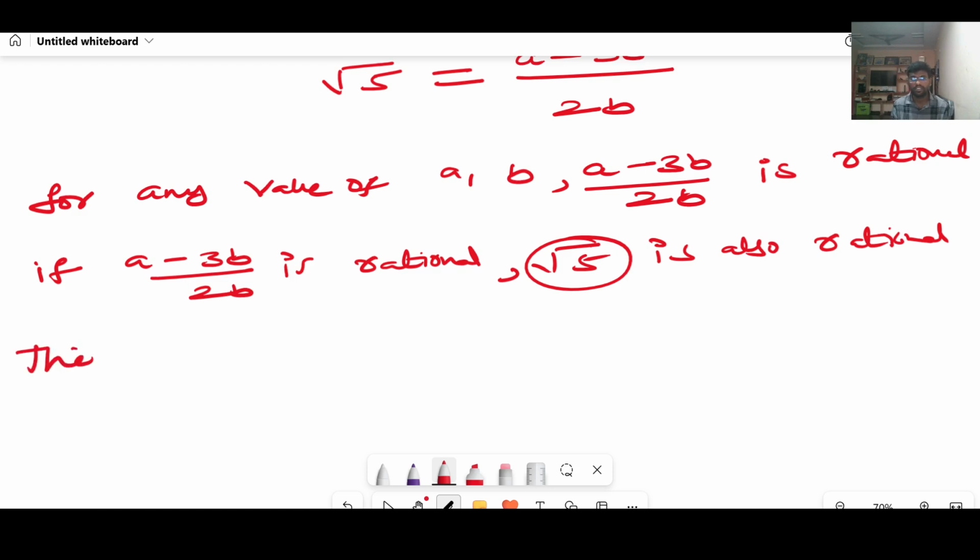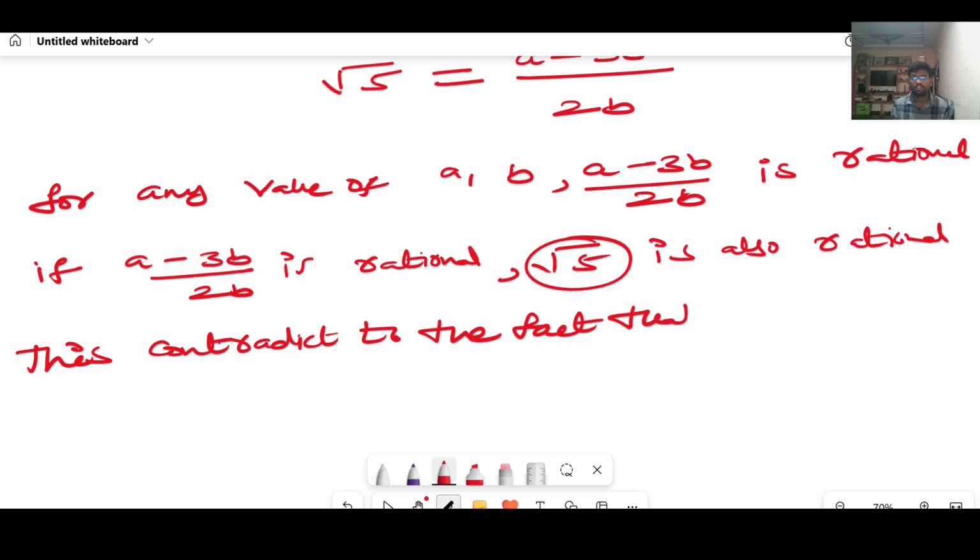Right. This contradicts the fact that root 5 is an irrational number, right? Why has this contradiction arisen?